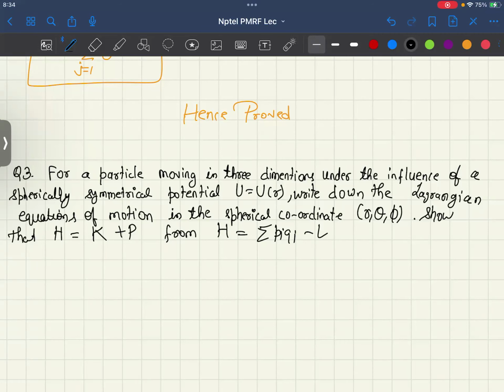So those who don't have any doubt in the previous question can go ahead with this question, and those who have doubts can still ask me. I'll wait for a couple of minutes for you to attempt the question.